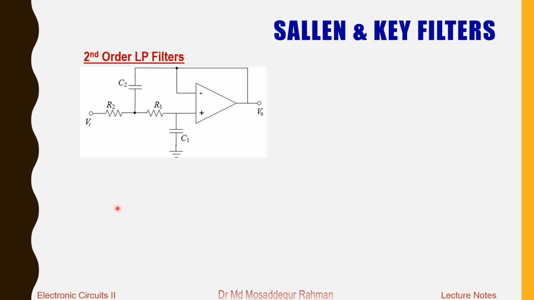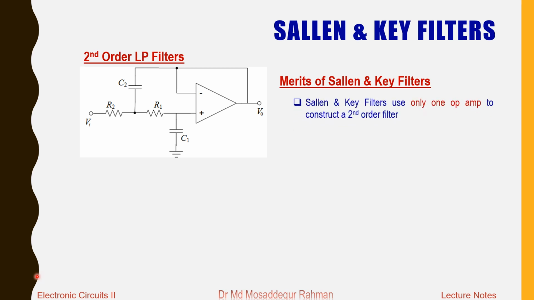So what are the merits of the Sallen and Key filters? Sallen and Key filters use only one op amp to construct a second order filter, unlike what we saw in our previous slide, where we need two first order filters with two op amps to construct a second order filter.